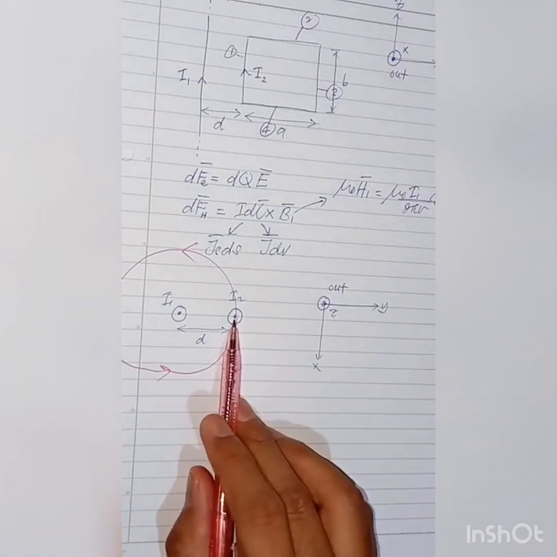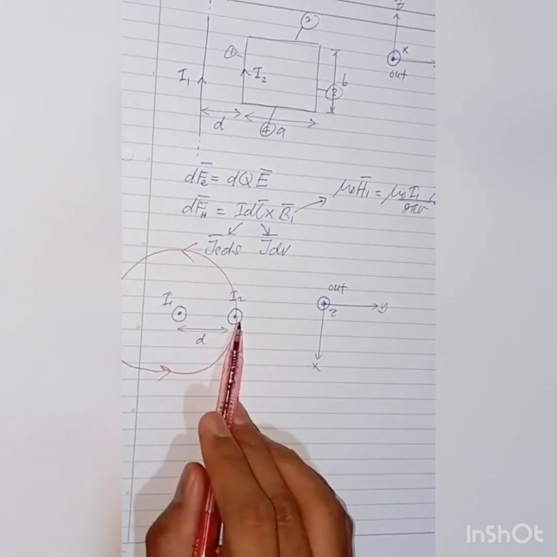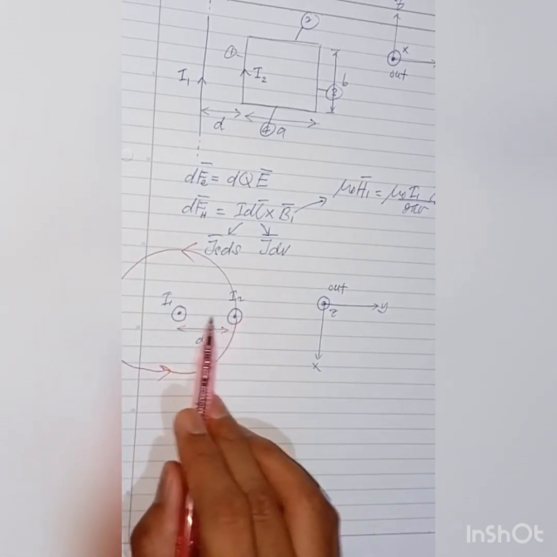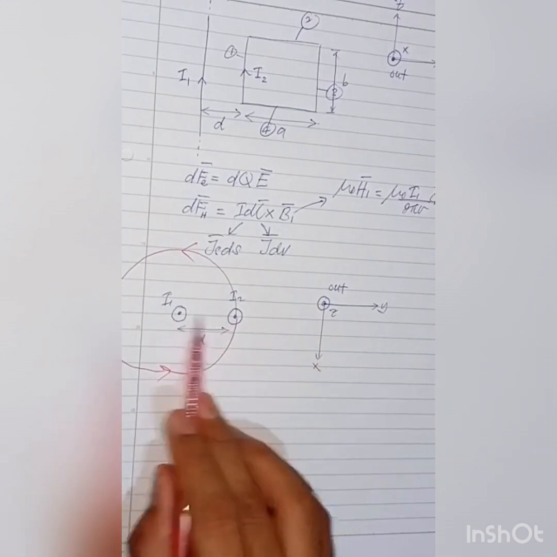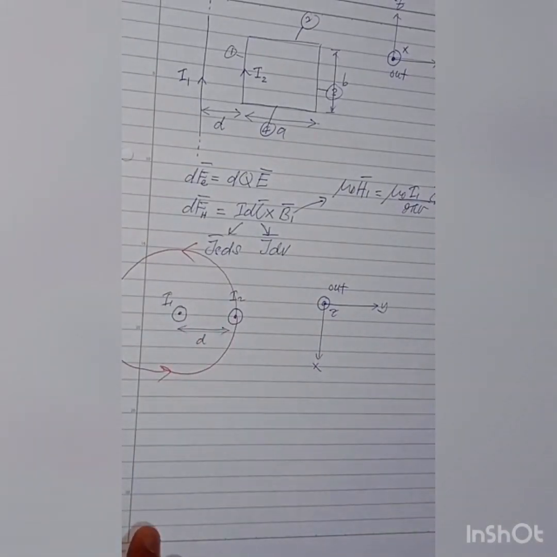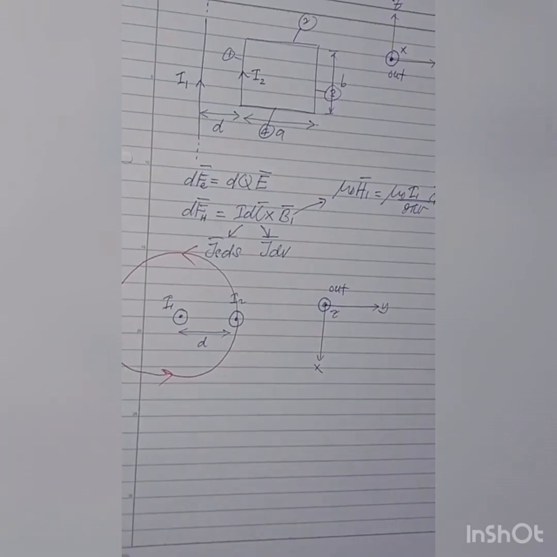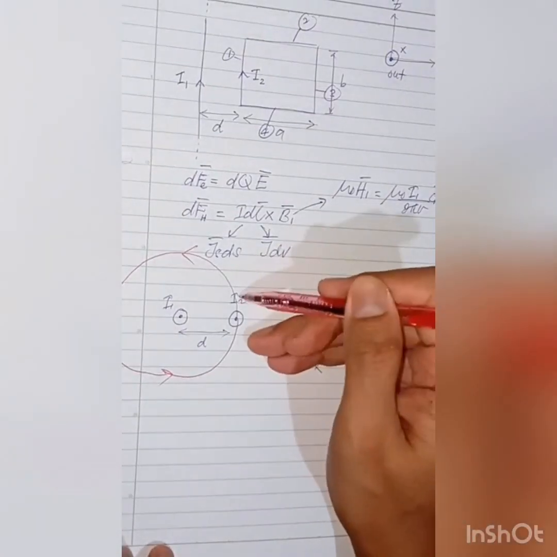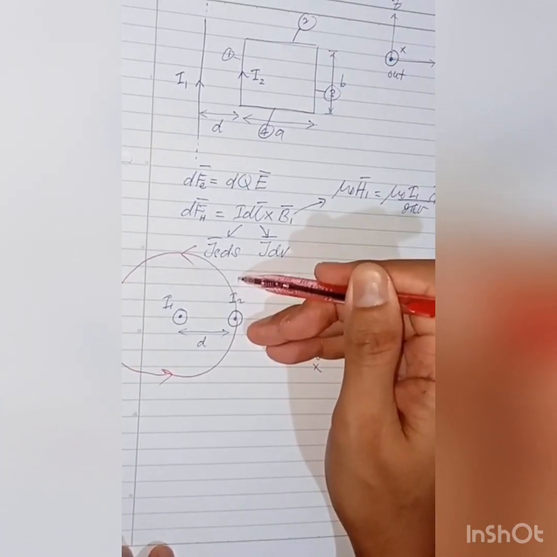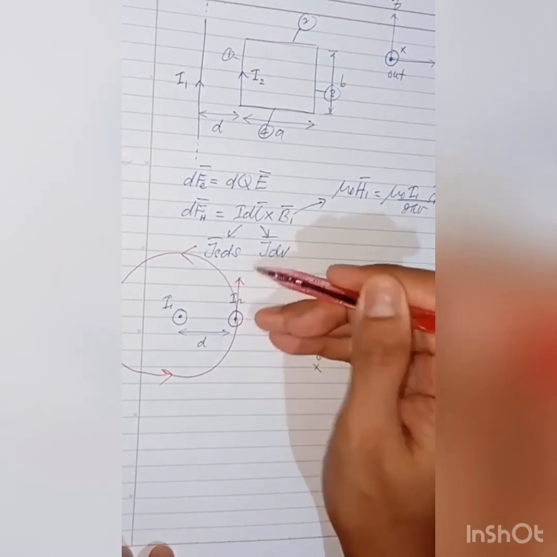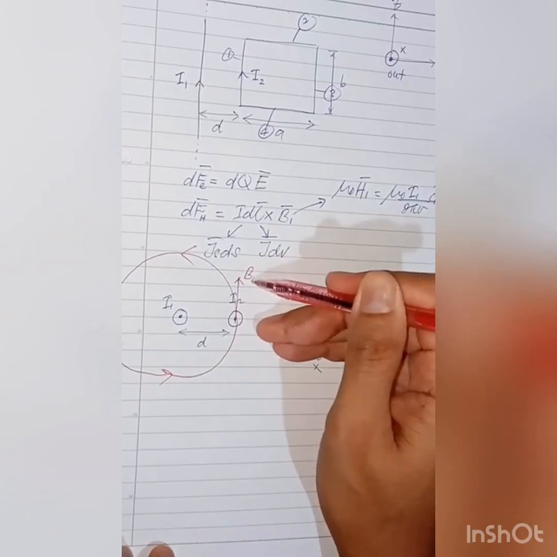So let's say from this side we know that the I1 and I2 are positioned along the y-axis, right? So we can simply find the B field pointing in this direction, the B field component.